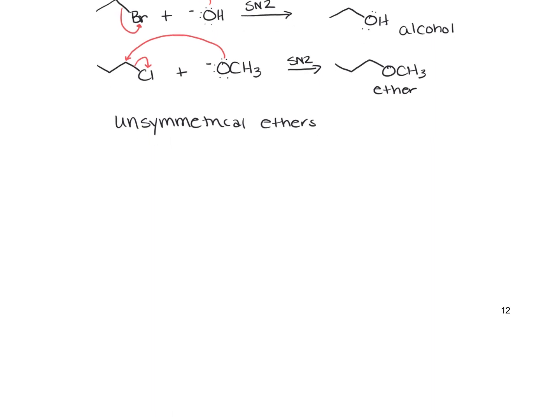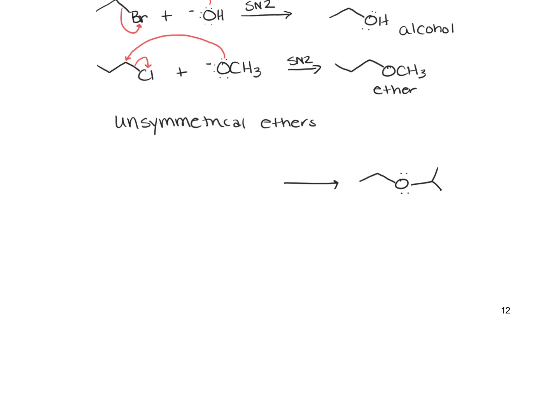So for example, if we were trying to synthesize that ether through a Williamson ether synthesis, then I need an alkoxide, with this oxygen on it, to react with an alkyl halide.